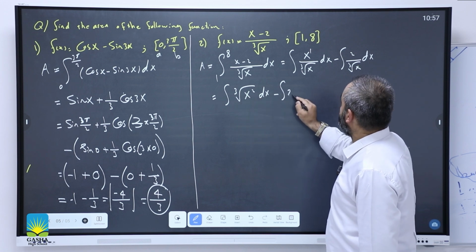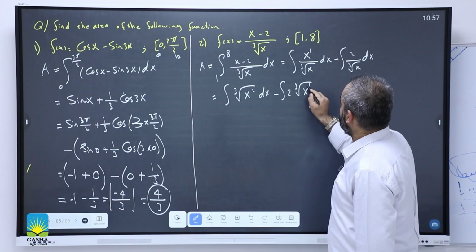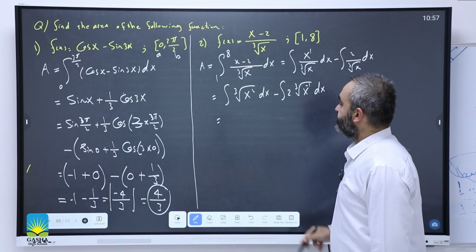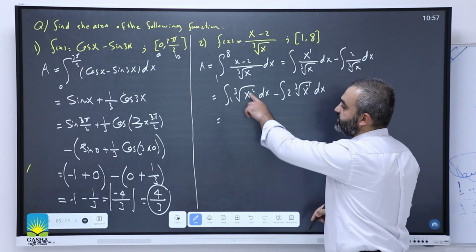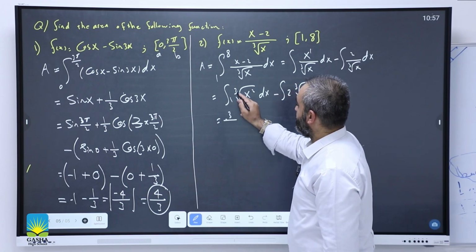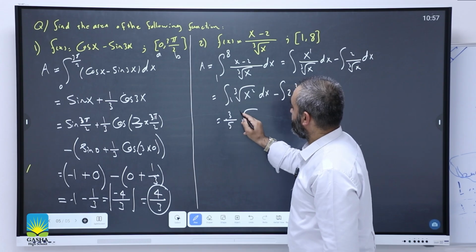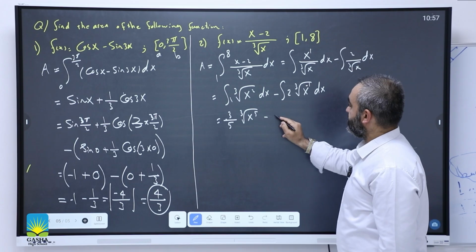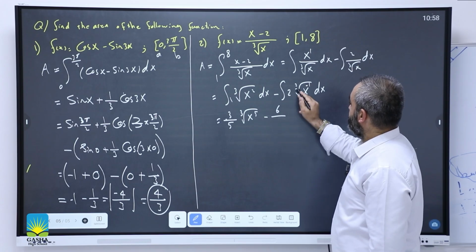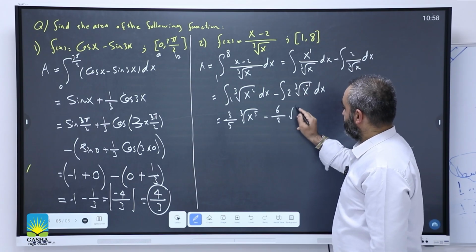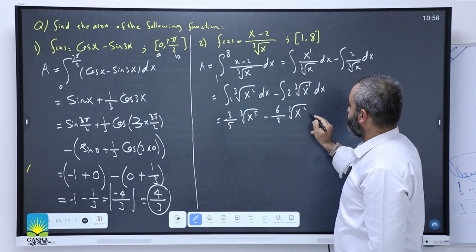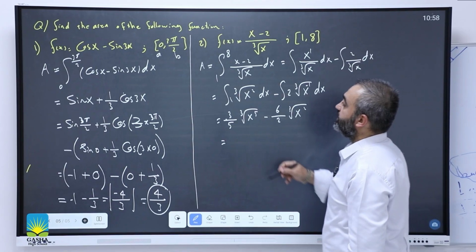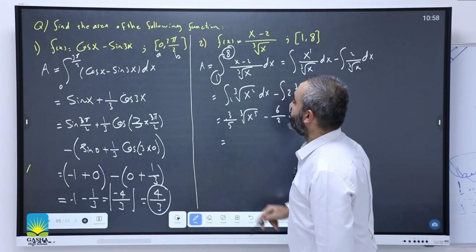Minus, and we have 2 cubic root of x to power negative 1 dx, right? So we have 1 here, 1 times 3 is 3. 3 plus 2 is 5, and cubic root of x to power 5, minus 2 times 3 is 6. 3 minus 1 is 2, cubic root of x to power 2. And we substitute the numbers 8 and 1 here.